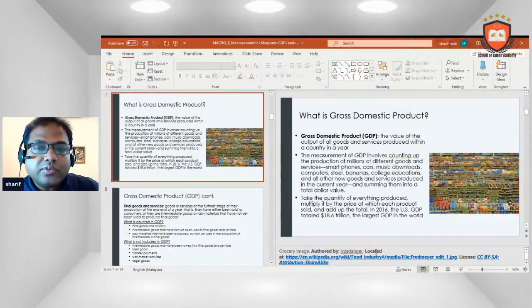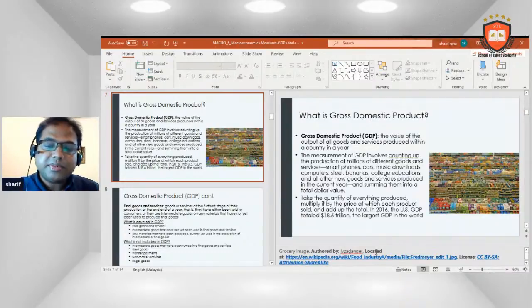Take the quantity of everything produced, multiply it by the price at which each product sold, and add up the total. In 2016, the US GDP totaled $18.6 trillion, the largest GDP in the world.